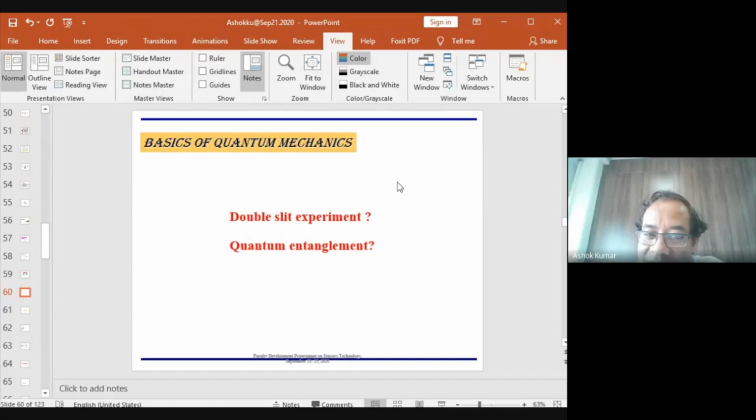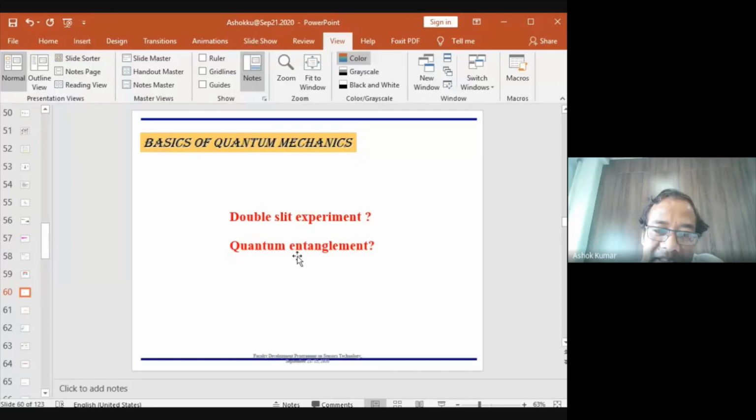But if an electron is going, how can it give an interference pattern unless it passes through both slits together? It gives the interference pattern, so it passes through both slits together. There is a long story about this. Einstein was not convinced about this phenomenon, but it is a true phenomenon. The electron passes through both slits at the same time and gives the interference pattern. We will not go into the story.